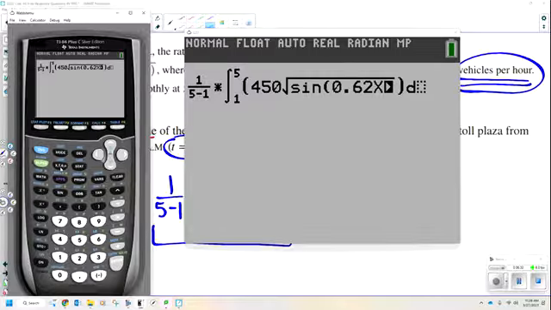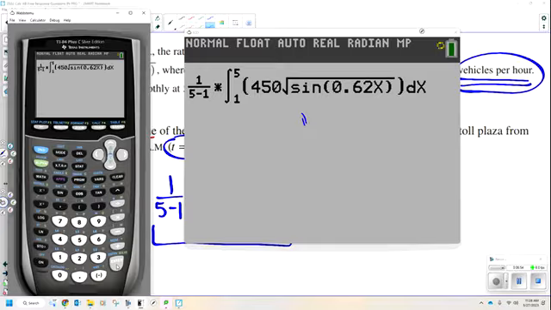We're using x instead of t, and throw our x here. So this is A of t. Okay, so that's what I have written on my paper. Well, actually, the dt is right here. All right, so I'm just going to hit enter and get my answer.